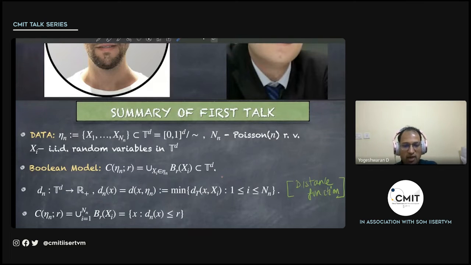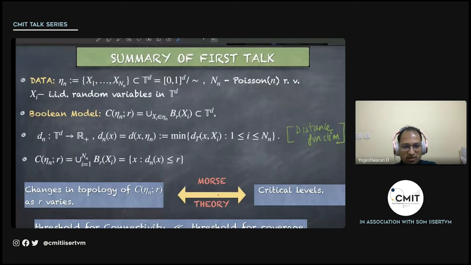Okay, and the key thing in the last lecture of importance to us is that Morse theory tells you critical levels are connected to the changes in topology of the Boolean model. As R varies, the topology of the Boolean model changes, and at which level it changes depends on the critical level R. Whenever R is a critical level, this changes.